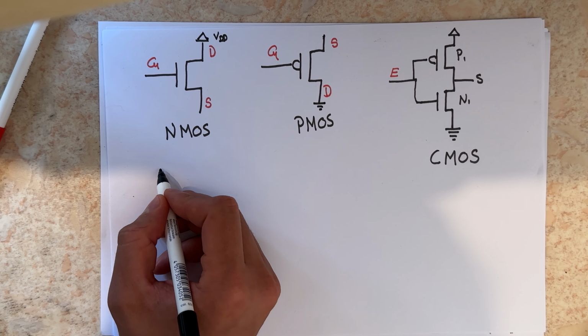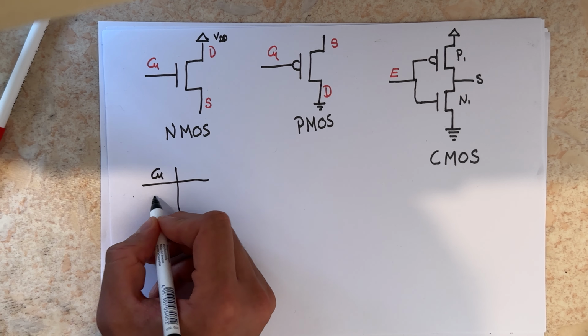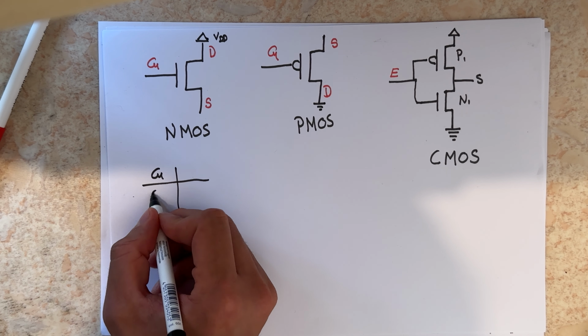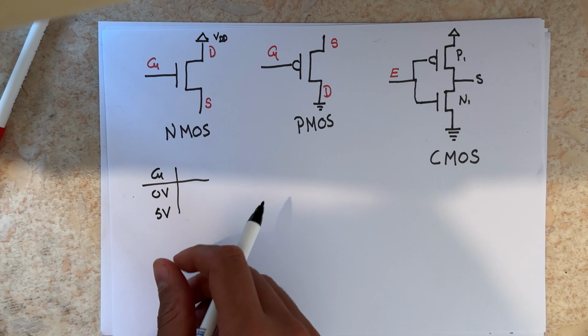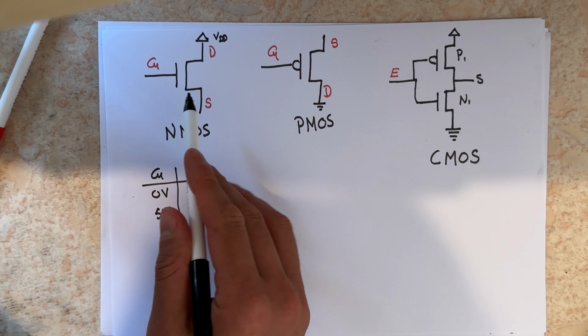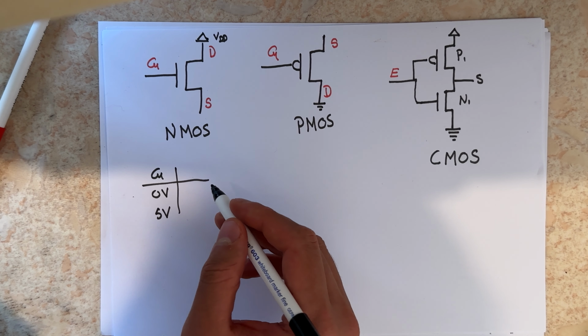If you would apply a different voltage in the gate, for example, 0 volts or 5 volts, okay. Here we don't count the threshold, and we will talk about the threshold maybe in another video.